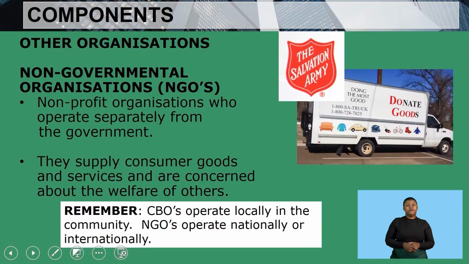Now, the next organization is NGOs, non-governmental organizations. And the aim of NGOs is quite the same or similar to the CBOs. Where they operate is only what's different. So NGOs are bigger organizations. They also focus on welfare.